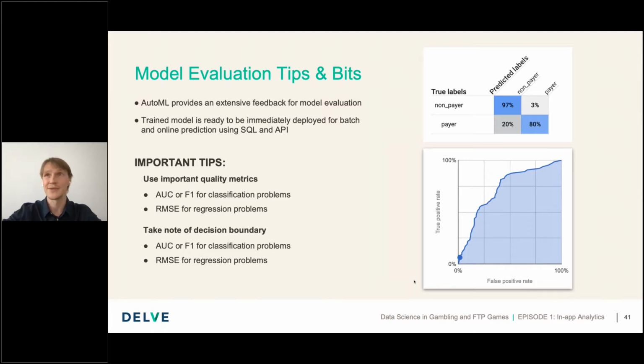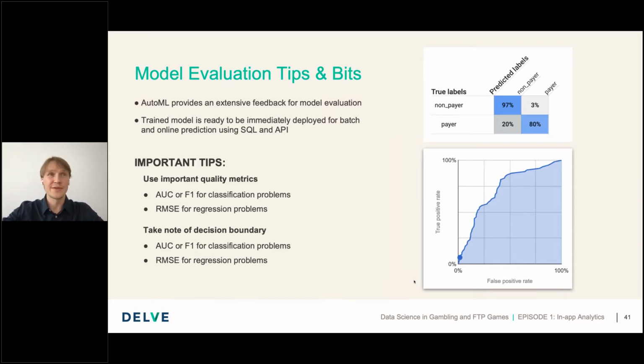For instance, you want in some cases to collect as many non-payers as possible to predict them with better accuracy to exclude from bidding, or you want to make this model biased more towards payers to include as many of them as possible and make certain decisions in the app.